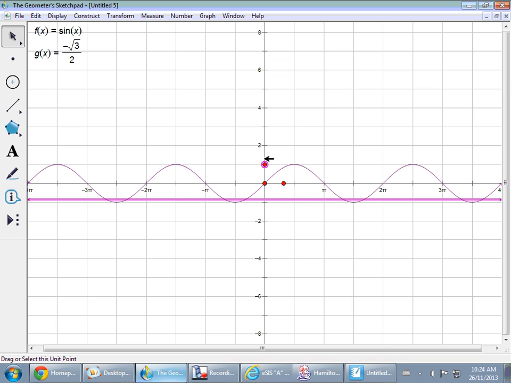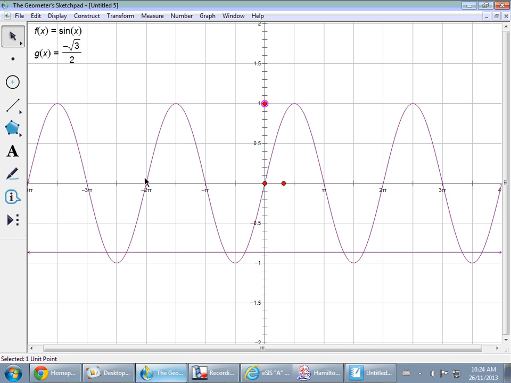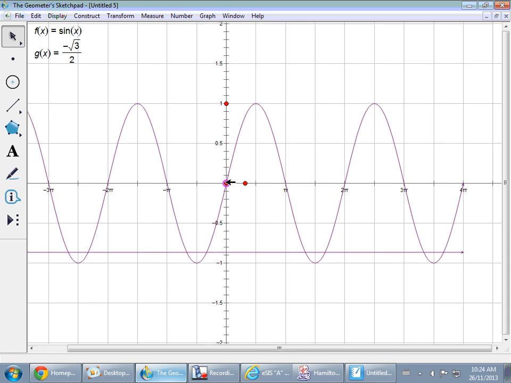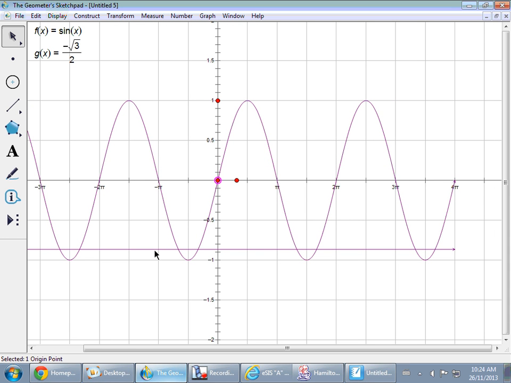Right there. And it was from negative 3π to 4π. So those are my 8 answers right there. 1, 2, 3, 4, 5, 6.